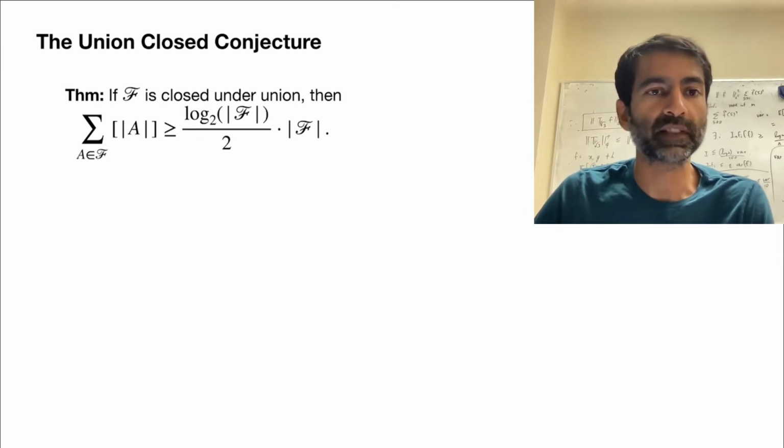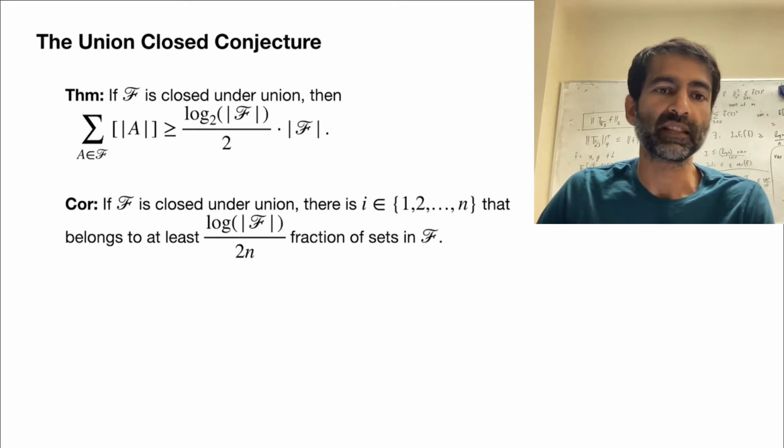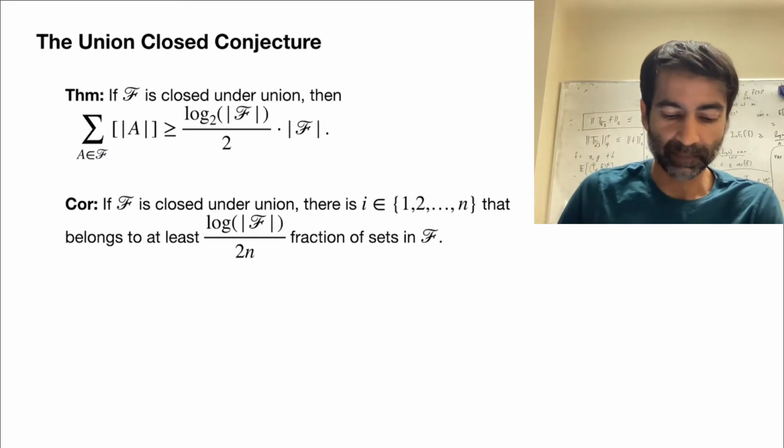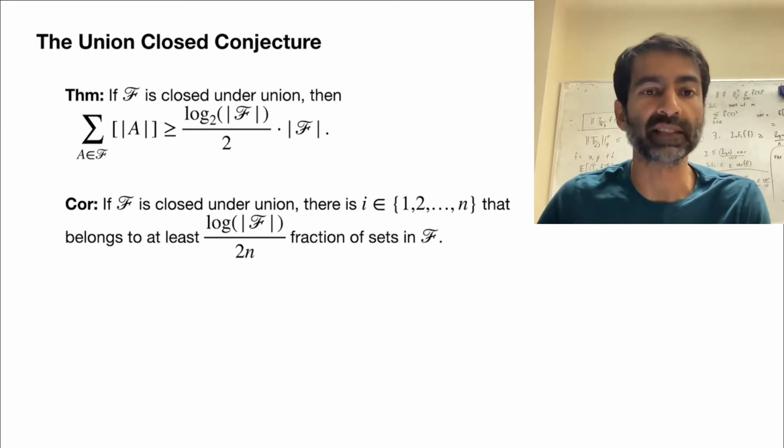Now, a consequence of this bound is that if you pick a uniformly random element from the entire universe, then the expected number of sets in the family that will contain that element will be at least a log of F divided by 2n fraction of all the sets in the family.